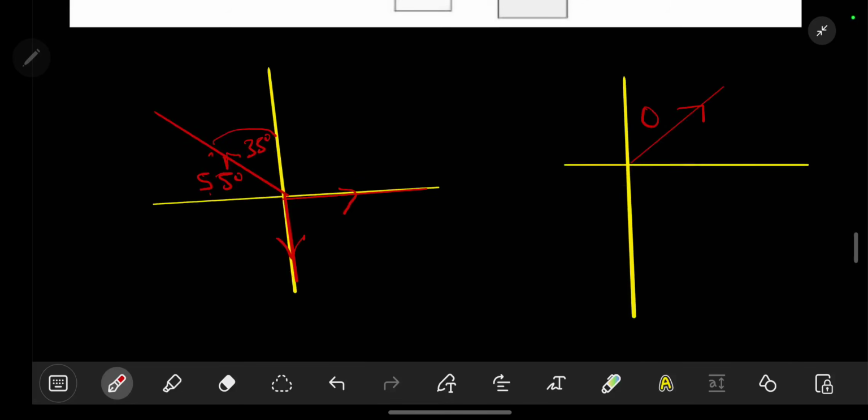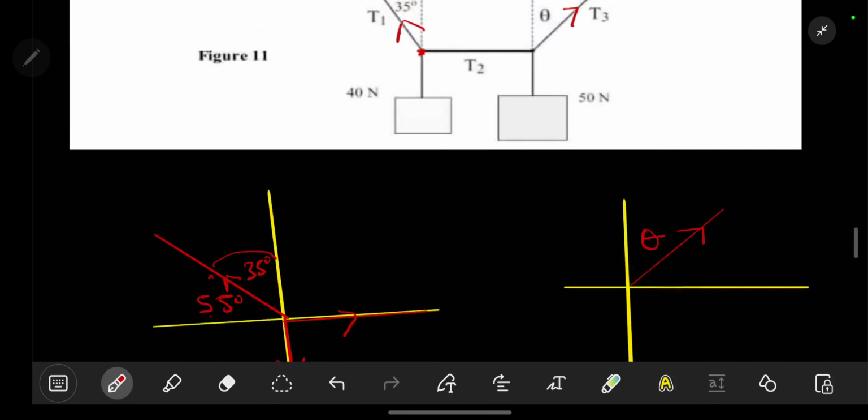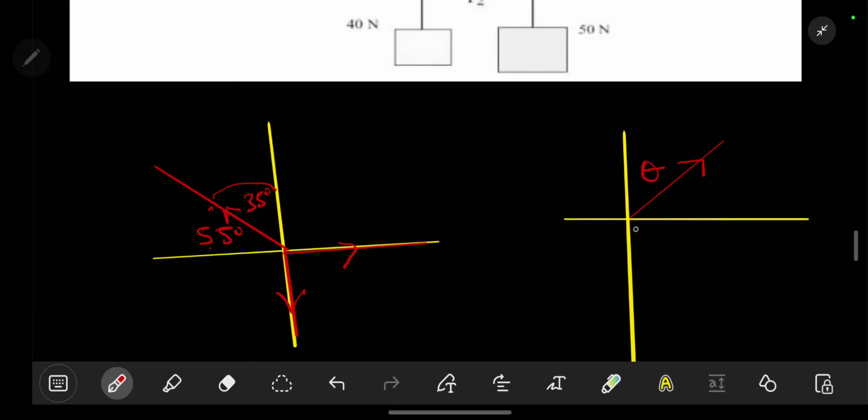We don't know the value of theta, so we are just going to leave it like that. Then down here, it is going down like that. Then we have the 50 newtons down. Here we have a 40 newtons down like that.